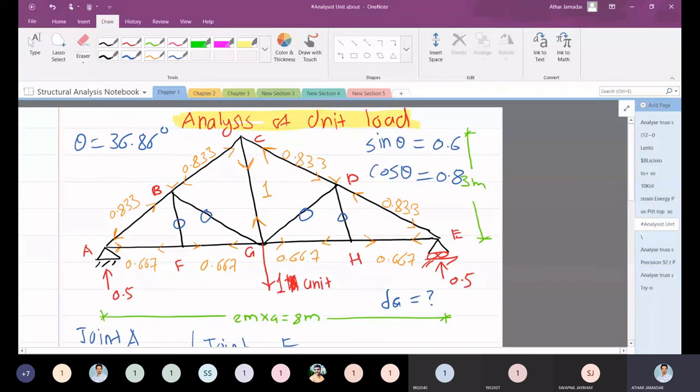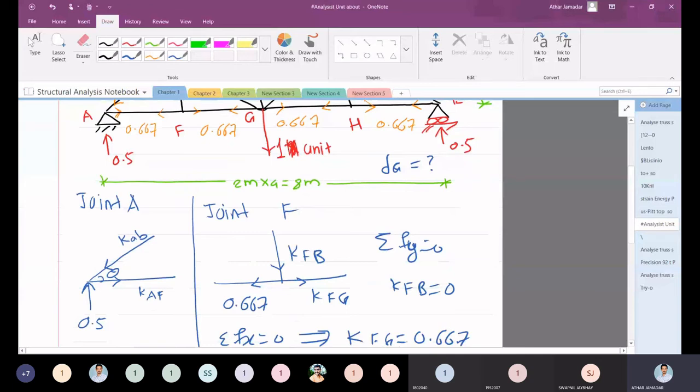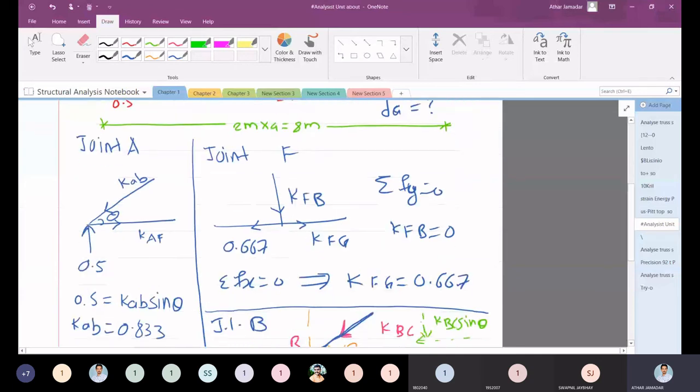Now by applying this unit load, I have found the member forces in each member. If I consider joint A and draw its free body diagram, as you also solved in the morning part, KAB is equal to 0.833 and KAF is equal to 0.667.